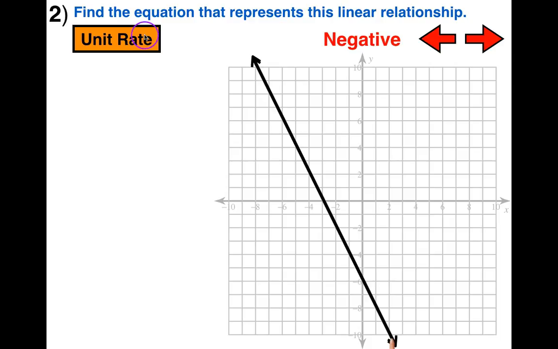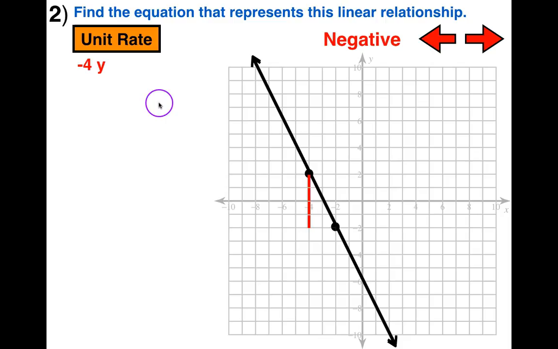So here, for my unit rate, I'm going to pick 2 points. Okay, I'm going to pick this point here and this point here. So now what we're going to do is start counting to compare our y's in terms of x's. So here I'm going to say that there is 1, 2, 3, 4 y's.